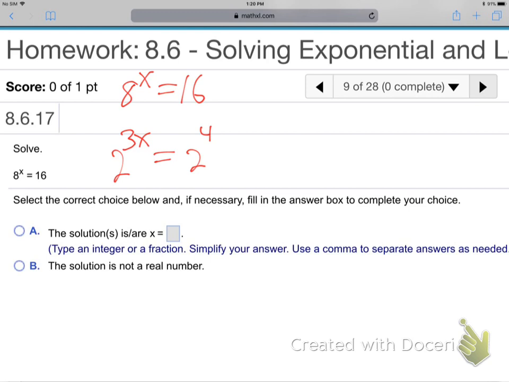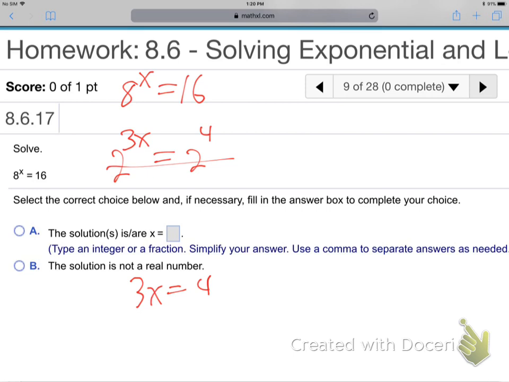So I wanted you to see this example. And then what do we do once we make the bases the same like that? Just cut out the bases, because 3x must equal 4, right?